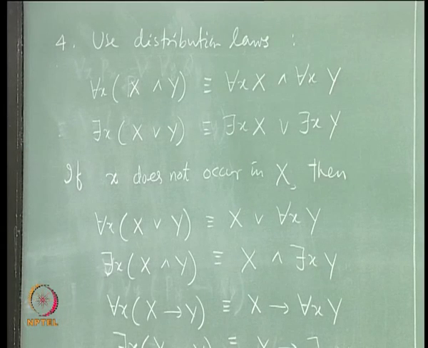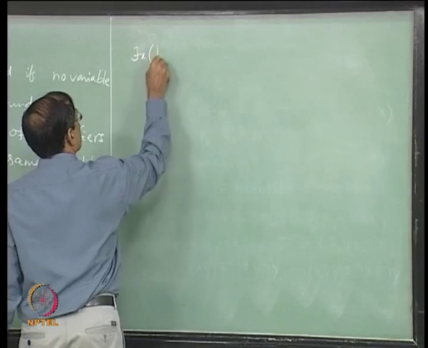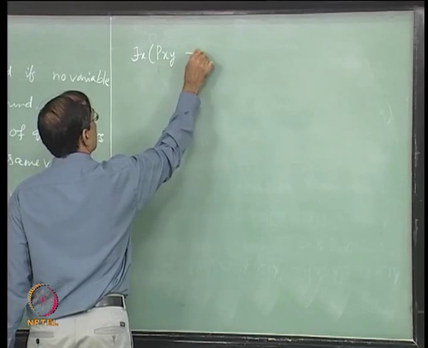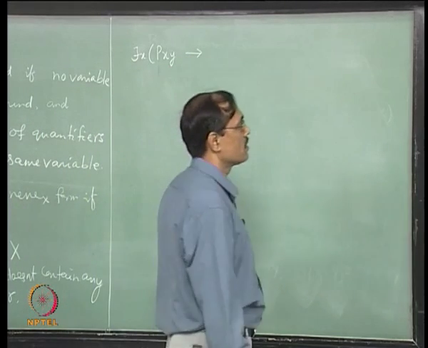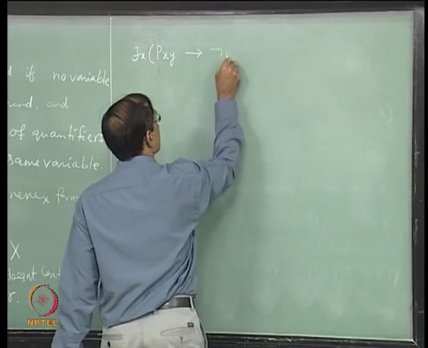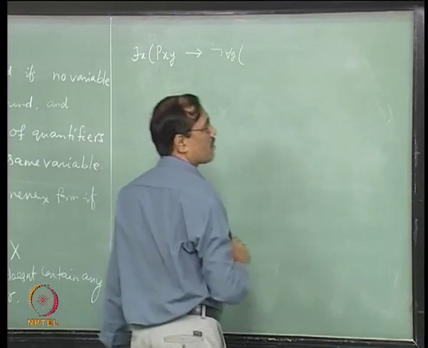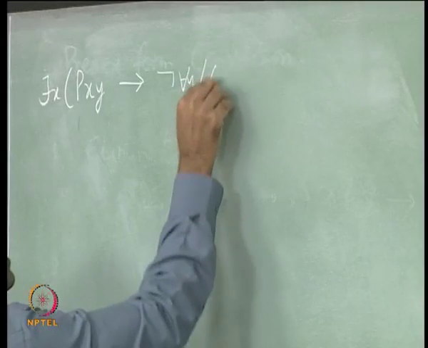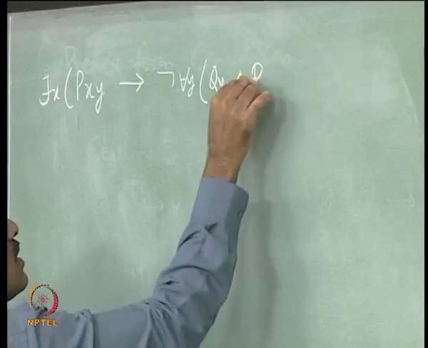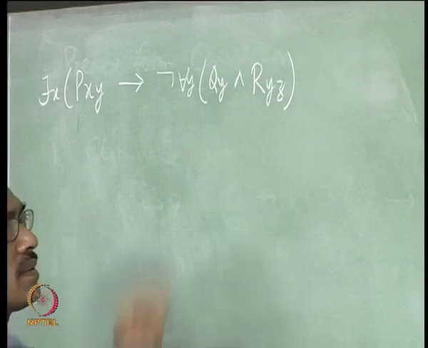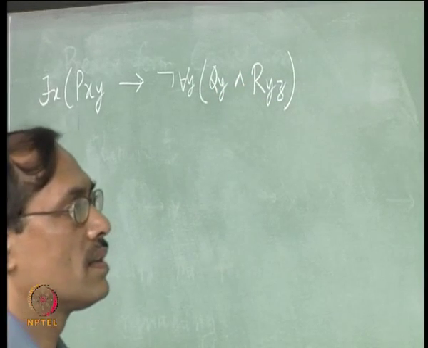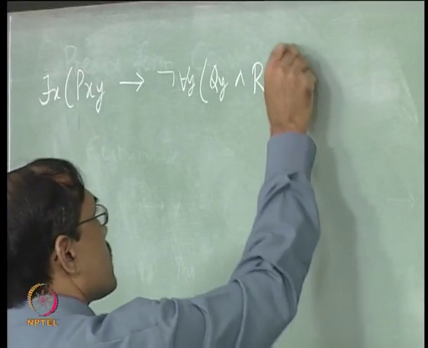So, you take the first one, say there is x p x y implies not for each y (q y and r y z) and q x implies for each x x.